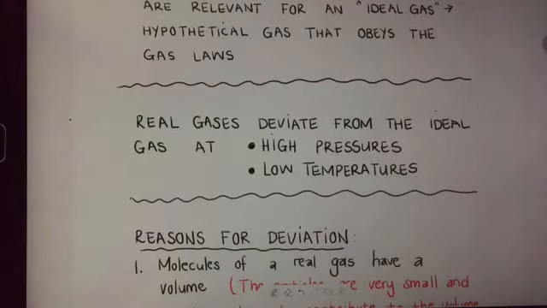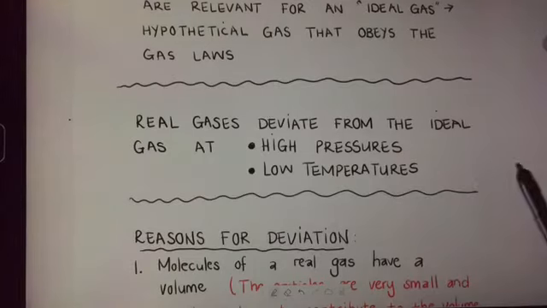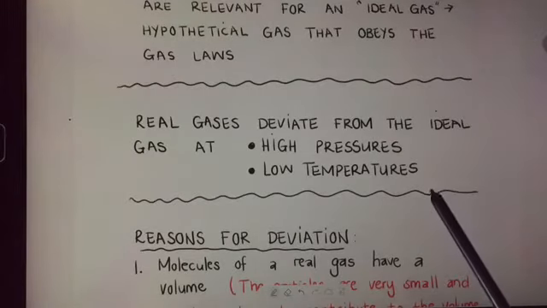Real gases deviate from the ideal gas under two conditions. And you need to know these two conditions: at high pressures and at low temperatures, real gases deviate from ideal gas behavior.